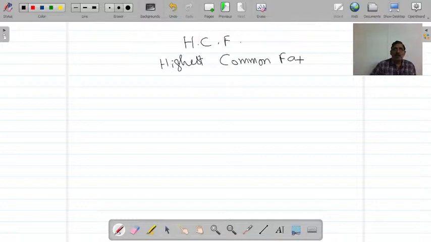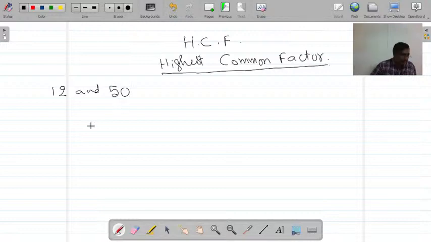How are we going to find HCF using this division algorithm? For example, you take any two numbers, 12 and 50. Find their HCF. Find the HCF of 12 and 50.